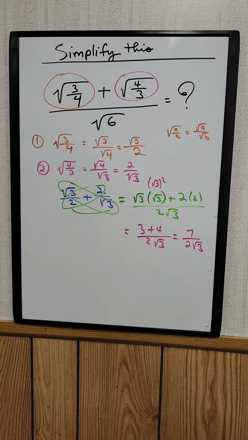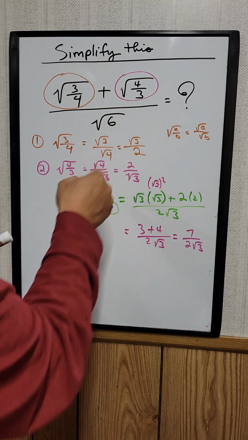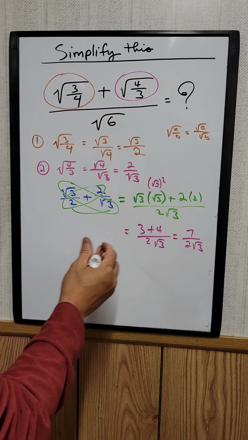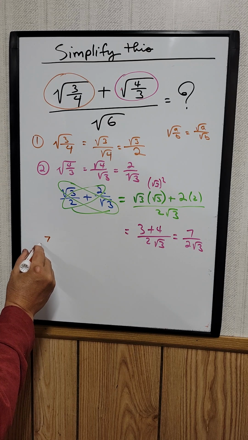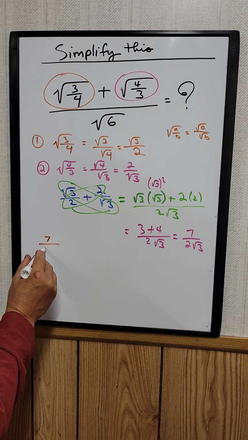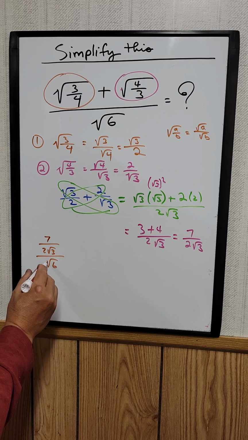So that's 3 plus 4, which is 7, over 2 times the square root of 3. Now we can plug this into the top and then divide by the square root of 6. So we have 7 over 2 times the square root of 3, divided by the square root of 6.